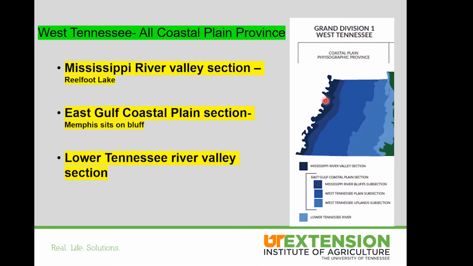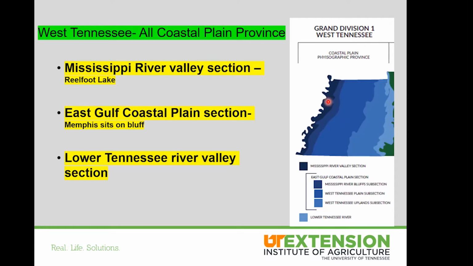And now you can go to Reelfoot Lake, take a flat bottom boat out there and paddle around and see some of the beautiful bald cypress trees with their knees. Knees are basically short roots that pop up out of the ground.